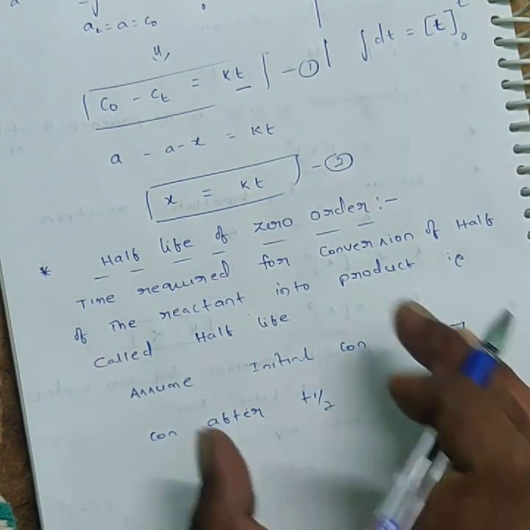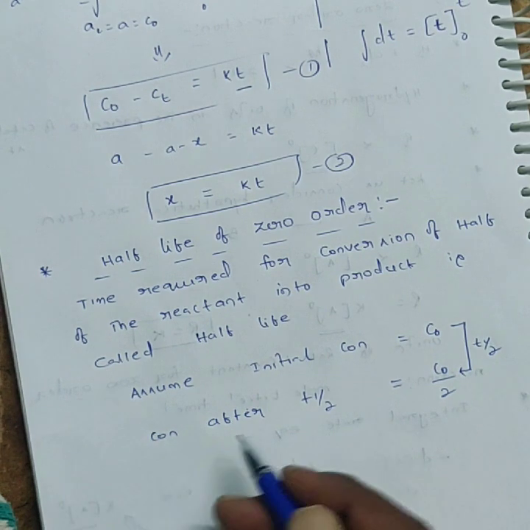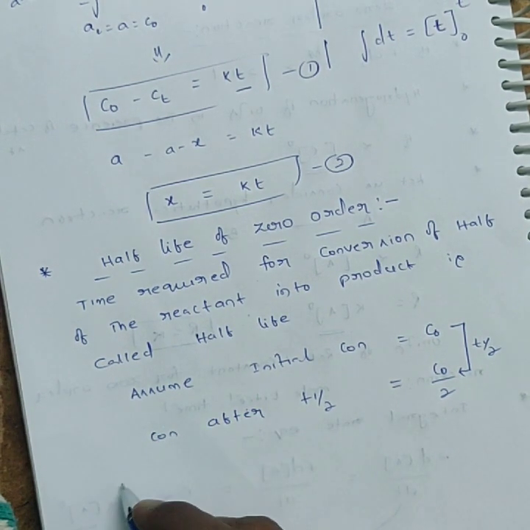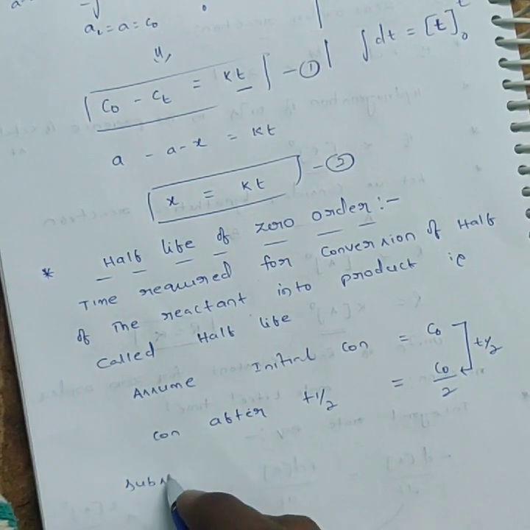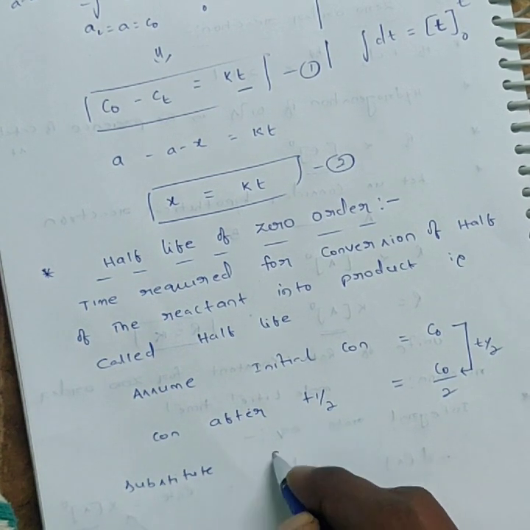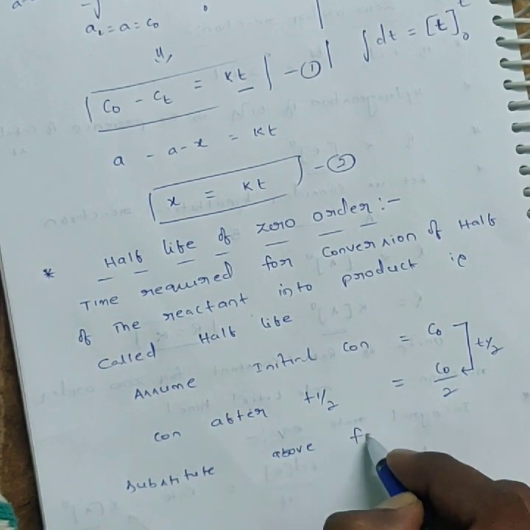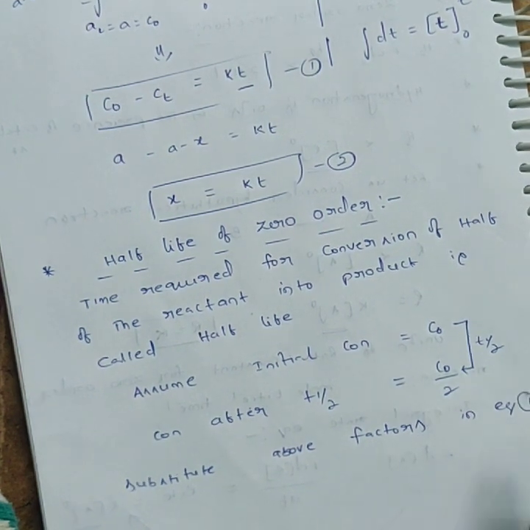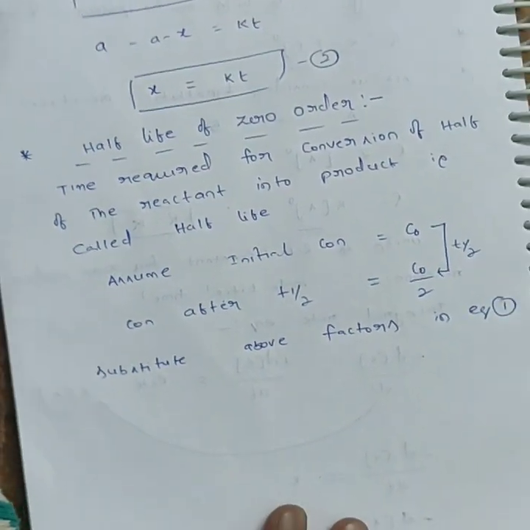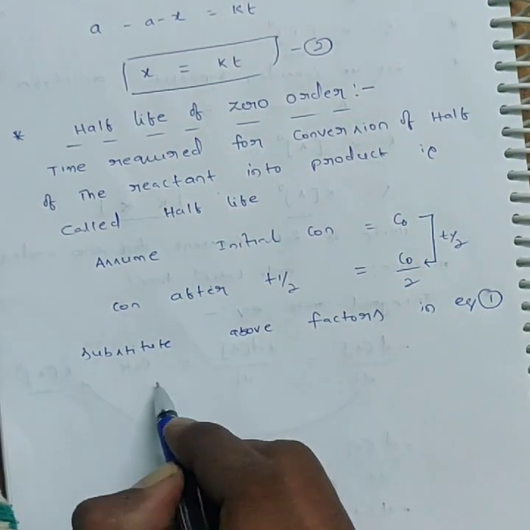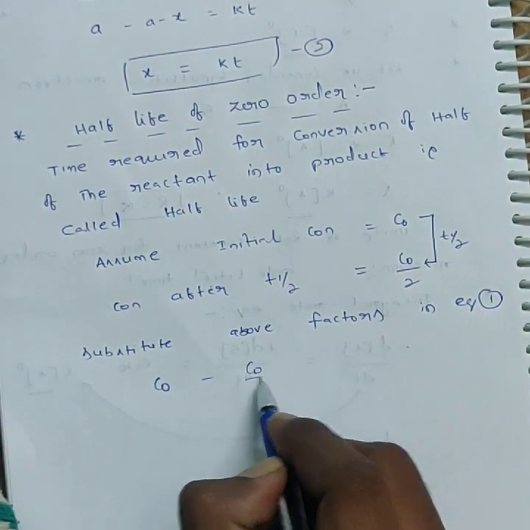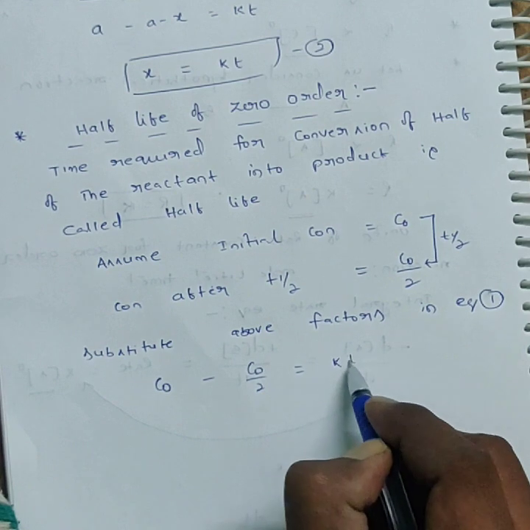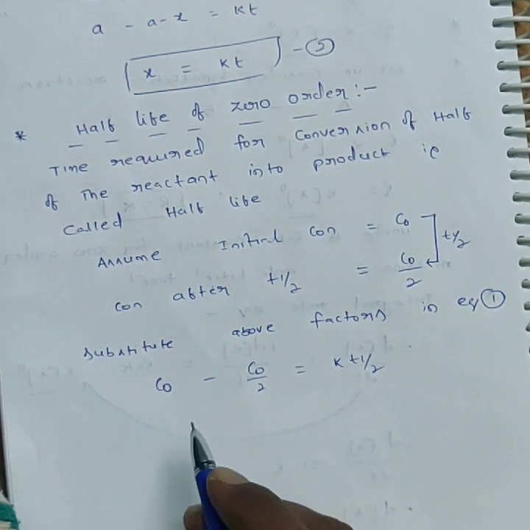Shall I substitute these factors in equation 1? Substitute the above factors in equation 1. So finally here we will get C0 minus C0 by 2 is equal to k t-half, am I right?